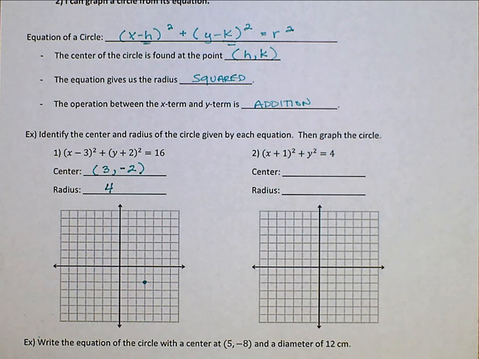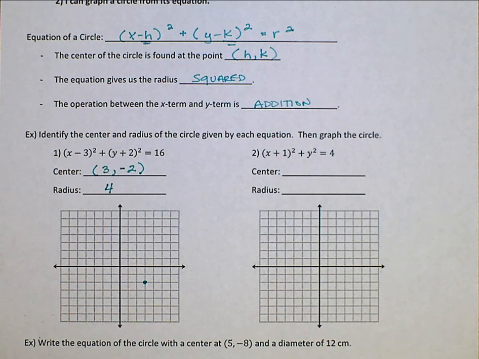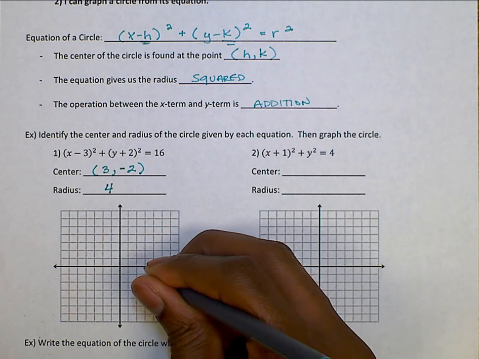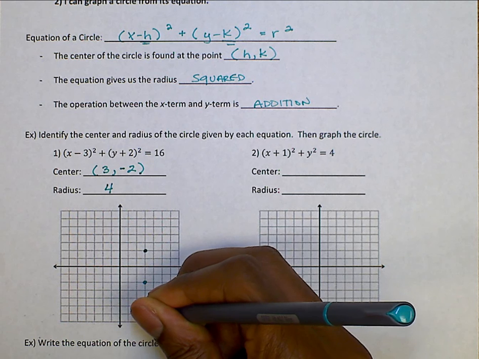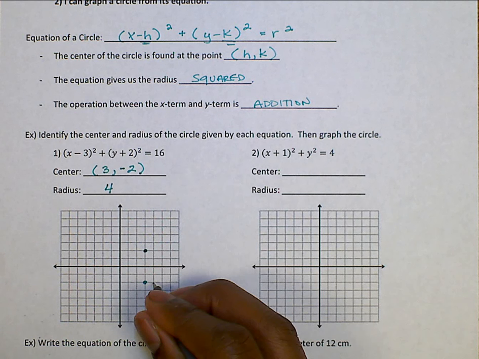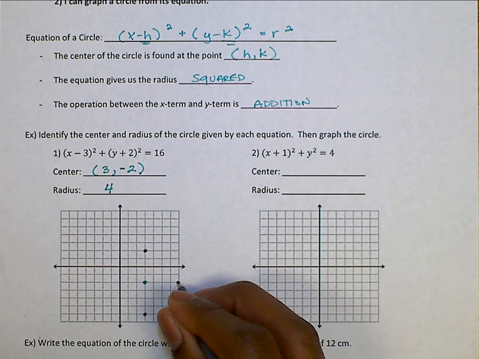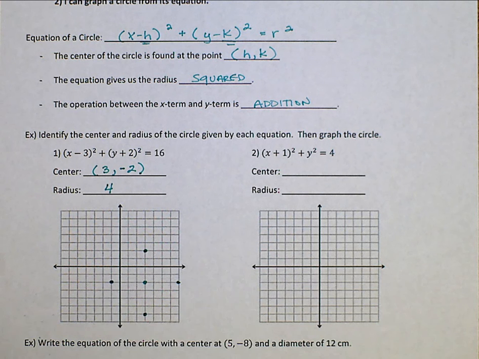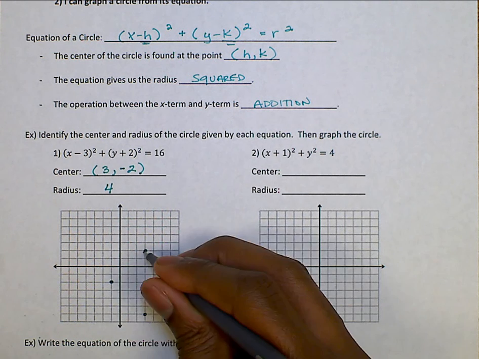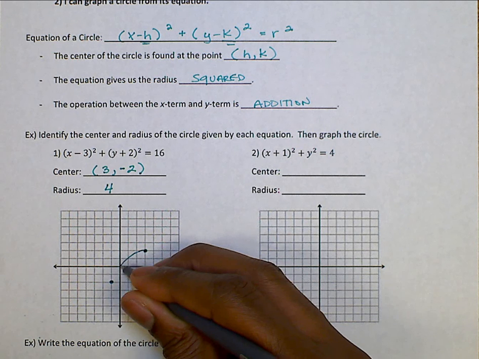Alright, so what we can do is count 1, 2, 3, 4, the distance from the center, to the sides, 4 in each direction. And I can just plot those points. These points will be on the circle, and then there are a couple ways you can do it.